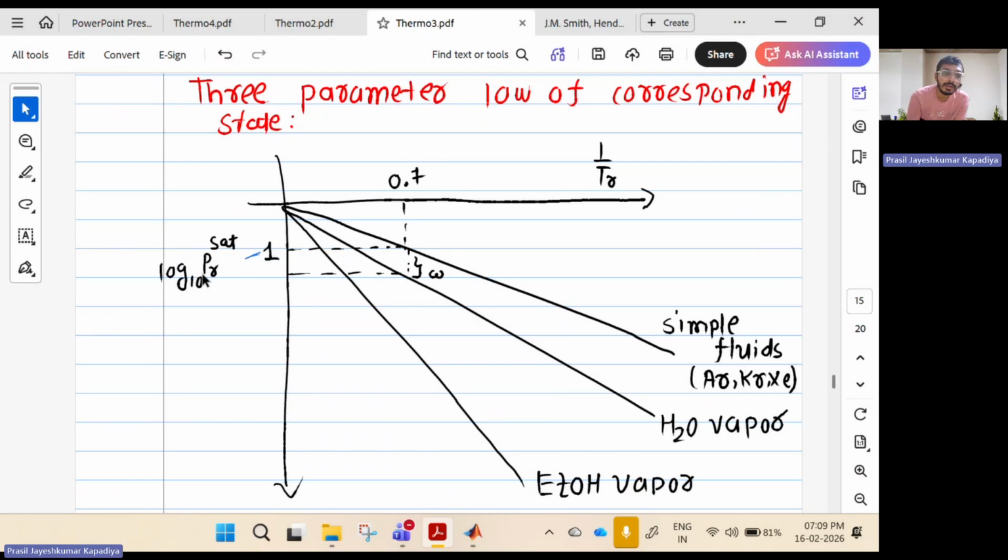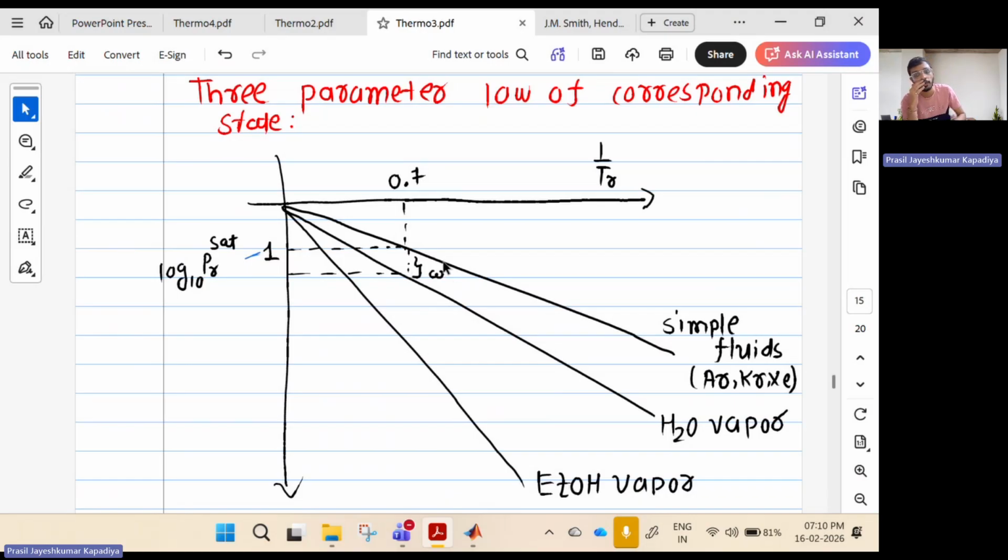So what is my eccentric factor? When I plot log 10 PR sat versus 1 upon TR, I get a straight line for simple fluids. At TR equal to 0.7, this value, log 10 PR sat, is -1. And for other gases like water vapor or ethanol, it is not -1.